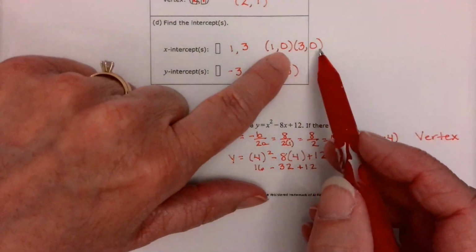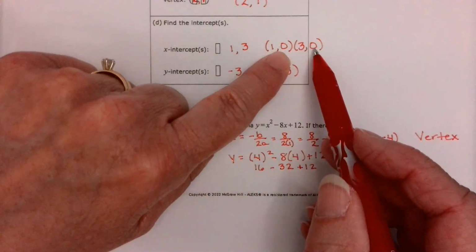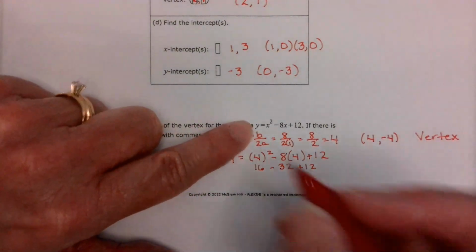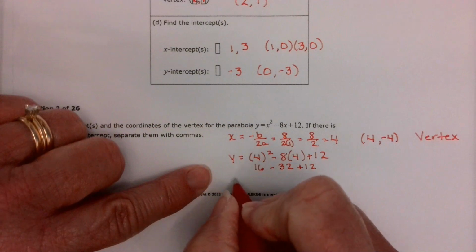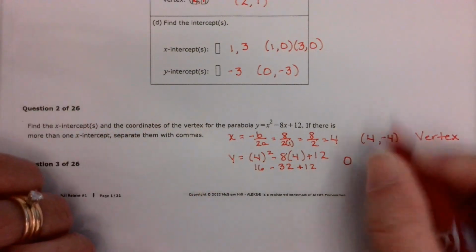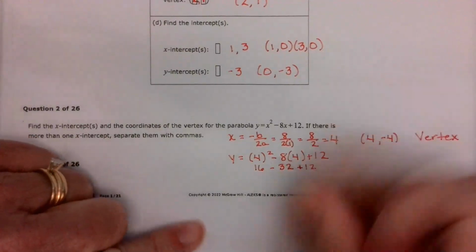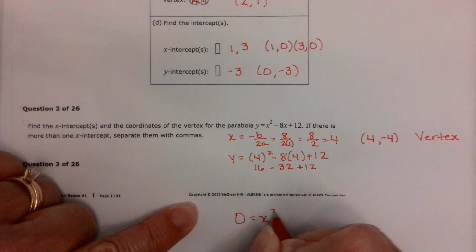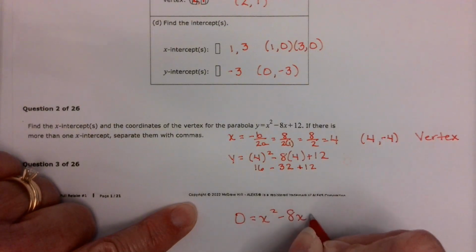Now, to find the x-intercepts. X-intercepts have one thing in common, all of them. It's when our y is equal to 0. So I'll do that down here, I have more room. 0 equals x squared minus 8x plus 12.